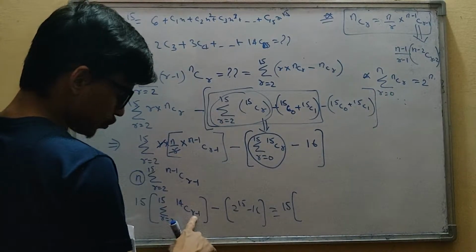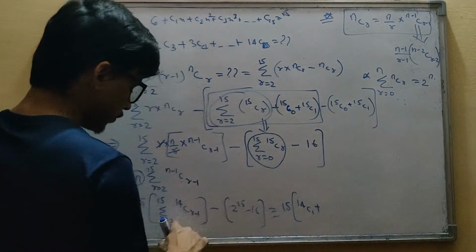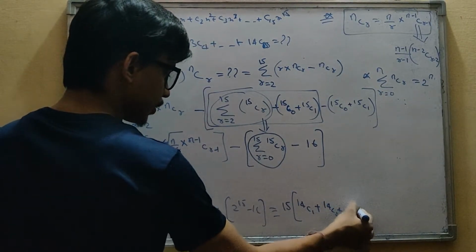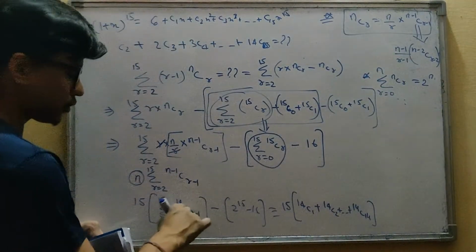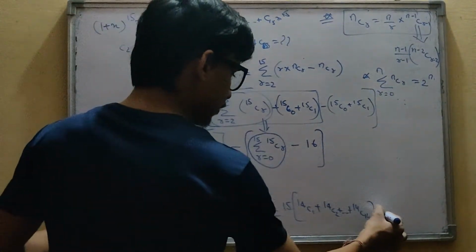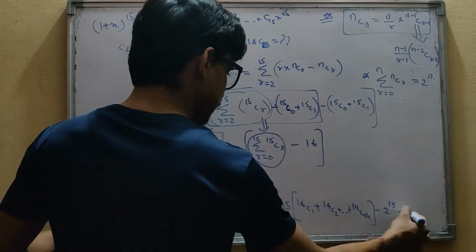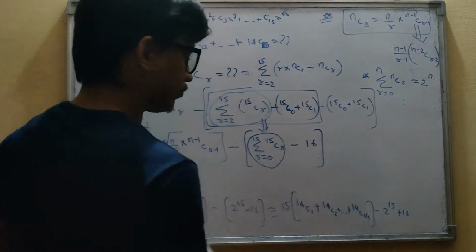Now if you substitute 2 over here, it is going to be 14c1. If you substitute 3 over here, it is going to be 14c2, plus and so on. It is going to be 14c14 if you put r equals 15. And this is going to be minus 2 to the power 15 and minus 16. Well, it is going to be inside, and it is going to be positive.